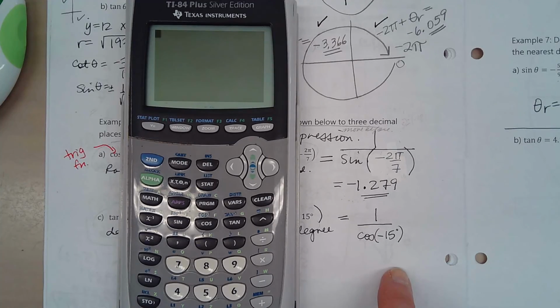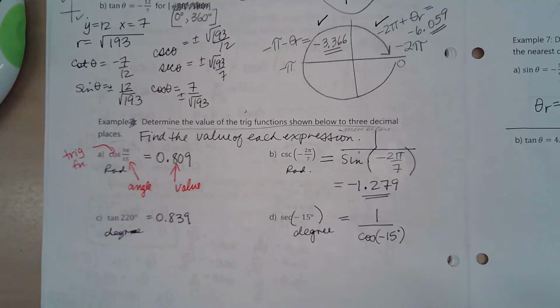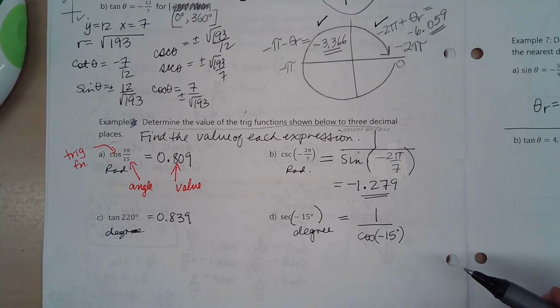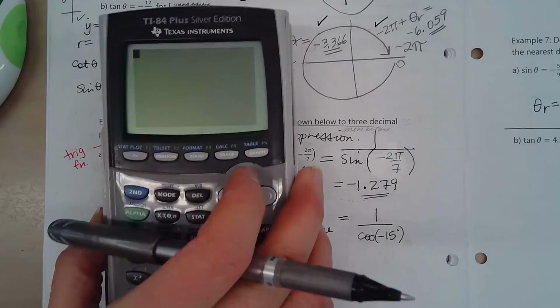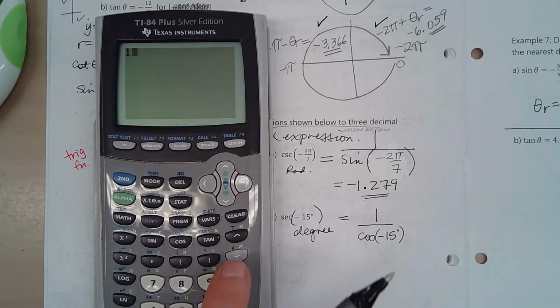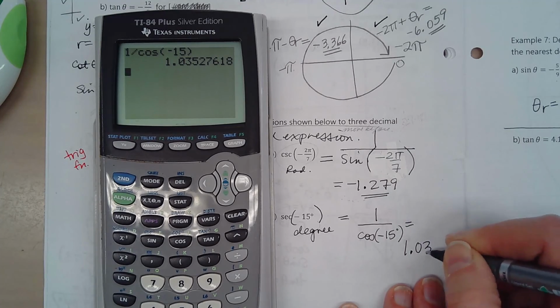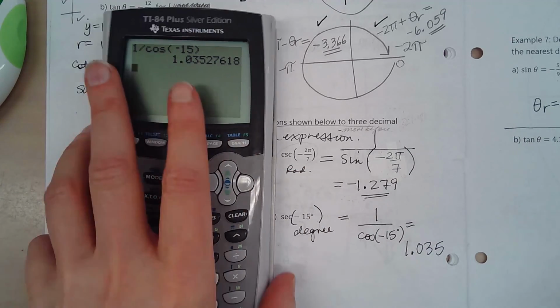By the way, what should cos, let's think about this. What quadrant is negative 15 degrees in? 4. So is cos positive or negative in quadrant 4? It's positive, so we should get a positive answer, right? 1 divided by cos negative 15. There we go. 1.035. Okay.